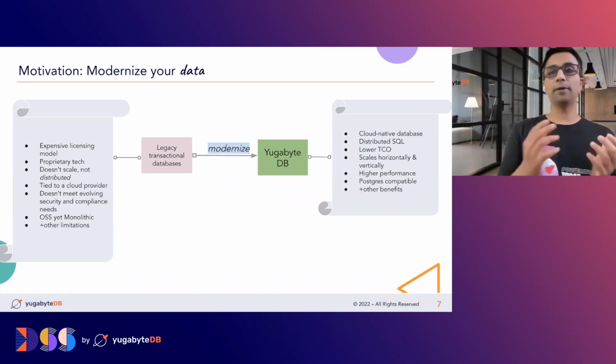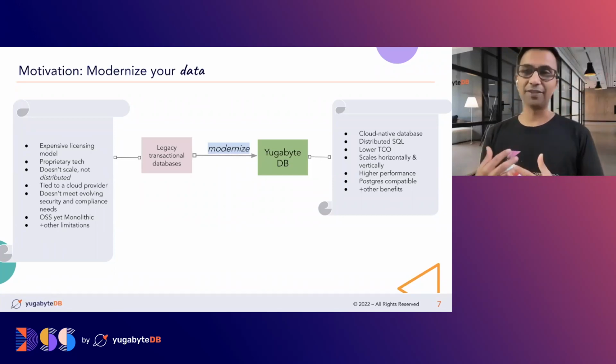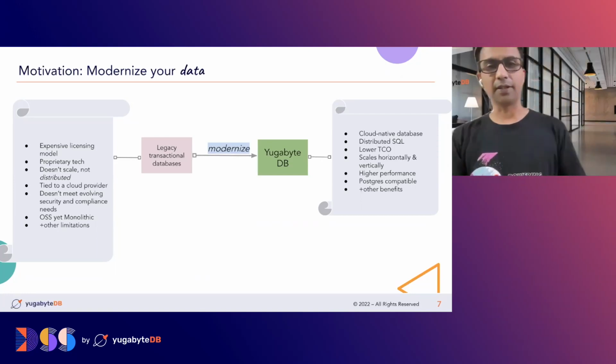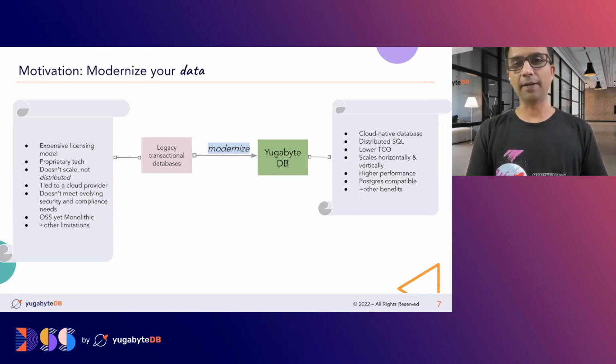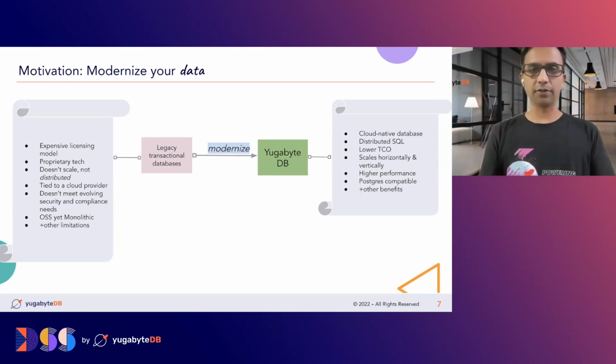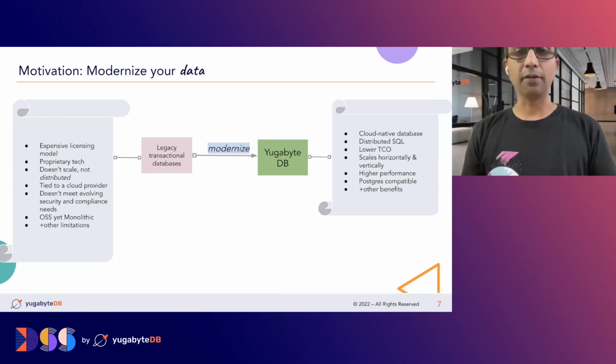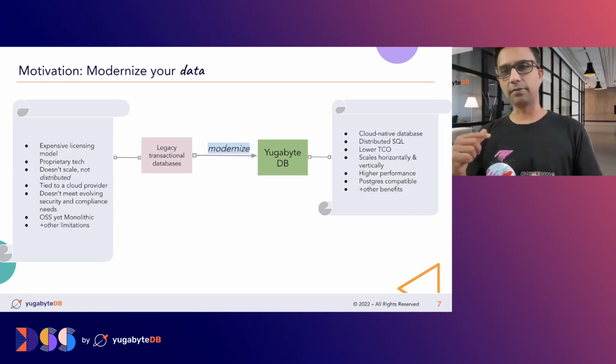Now, one of the popular choices out there, obviously, selfishly, is going to be Yugabyte, to modernize your data stack for the cloud native apps. And the benefits on the Yugabyte side, although we are not going to focus much on that, just to highlight the key ones: based on open source, Apache 2.0 license.